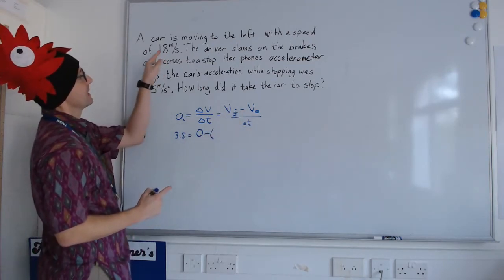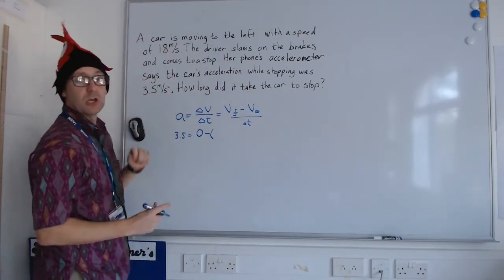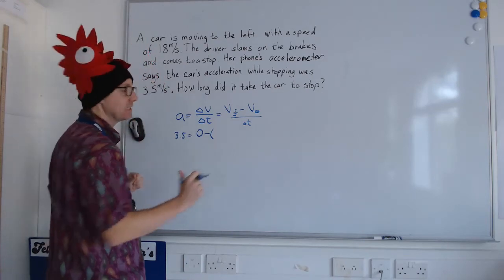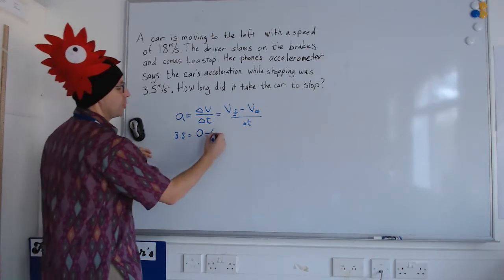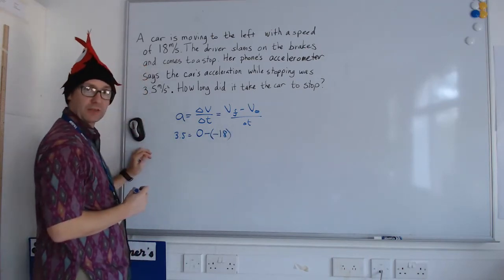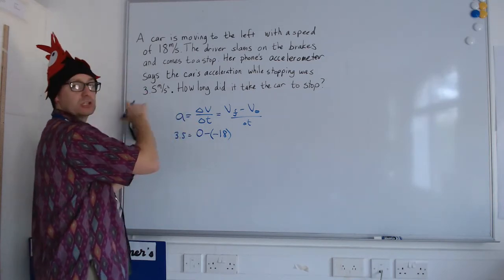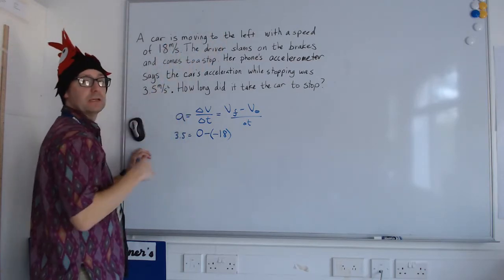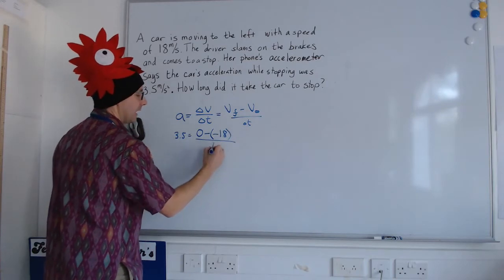Now notice it says moving to the left with the speed of 18. Usually to the right is positive and to the left is negative. And so we're going to put in a negative 18 meters per second there, to show that going to the right is positive and going to the left is negative. All right, and then divided by the time.